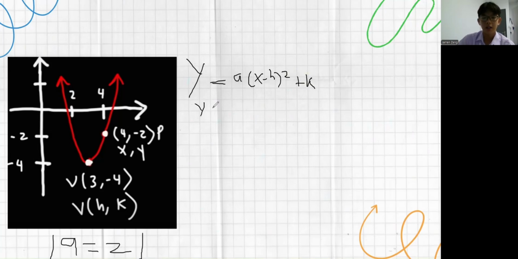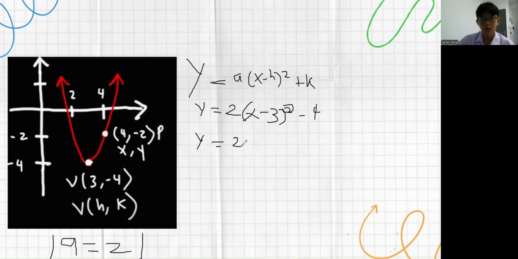So y equals a, which was 2, and since we'll be needing the x in the quadratic function, we'll leave it. x minus h is 3, squared, minus 4.